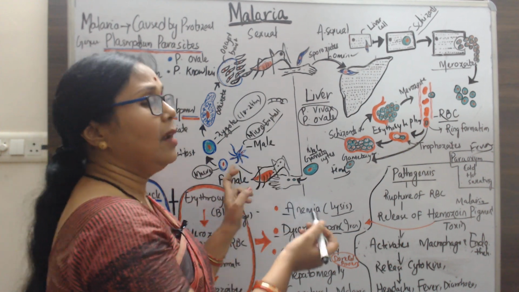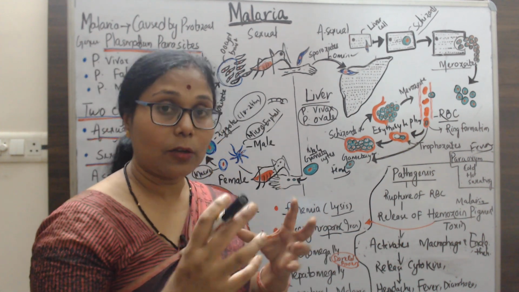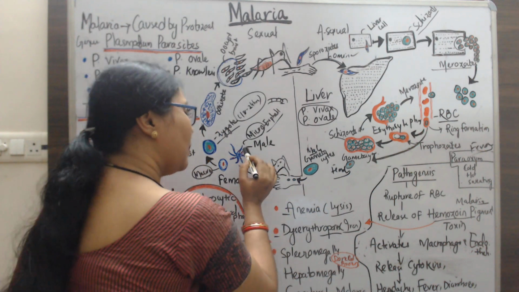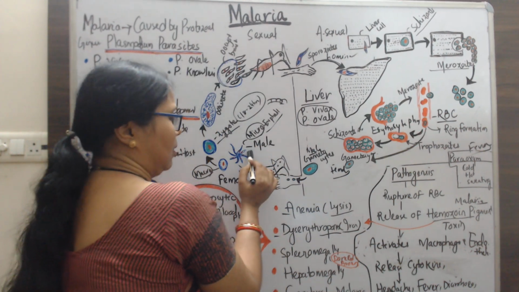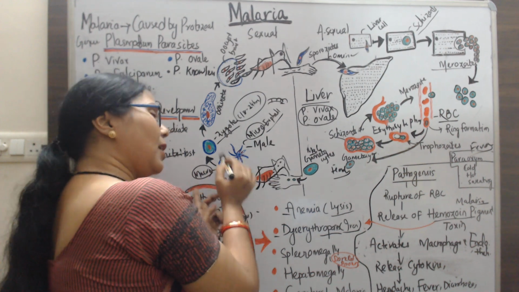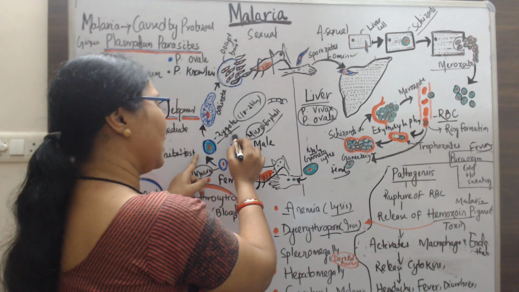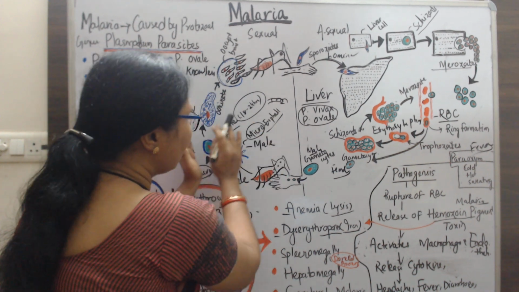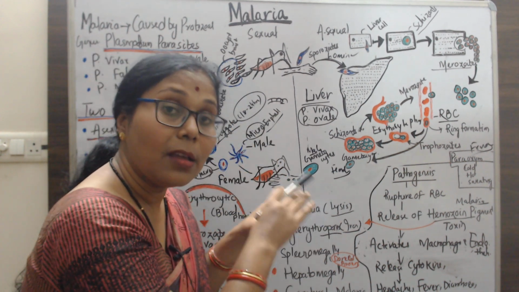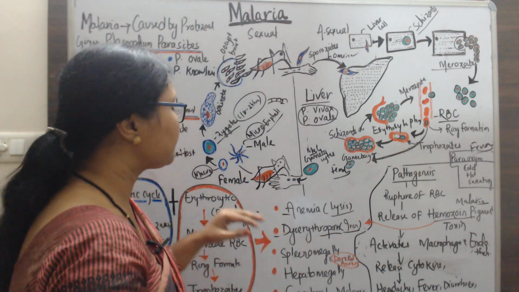The female ones develop into macrogametocytes. The flagellated male gametocytes are attracted towards the female gametocytes, and they are fertilized to form a zygote. This is what goes on inside the gut of the mosquito.